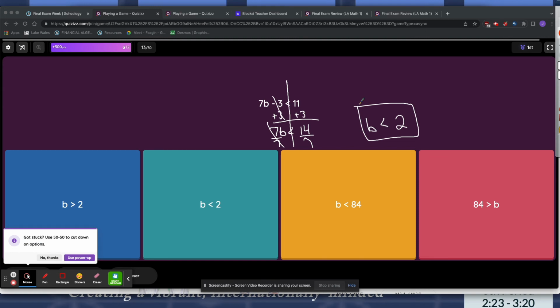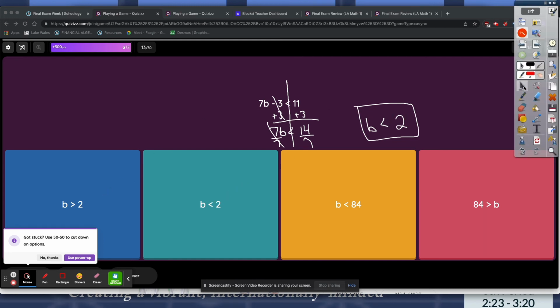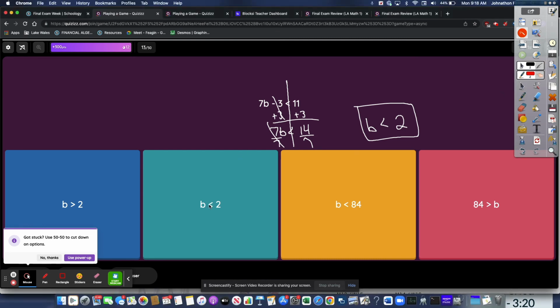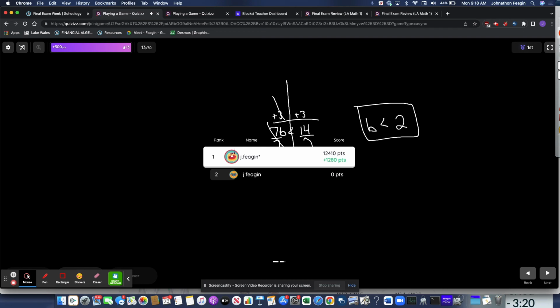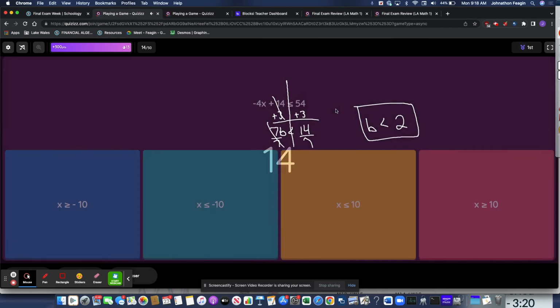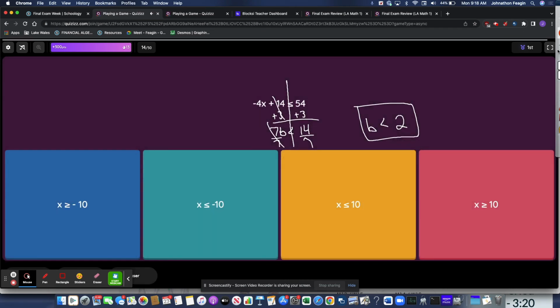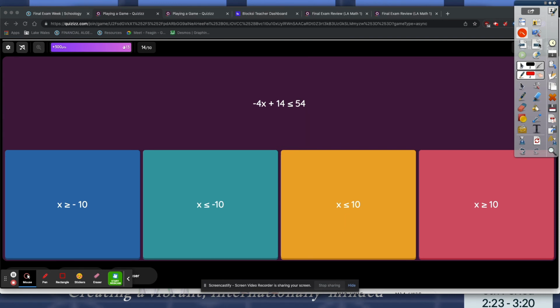We do not have to change the sign at all. So find your positive 2's and make sure you're picking the right sign, which is going to be this guy. And one thing with inequalities, I always like to have my variable on the left side, so I'm reading everything properly.